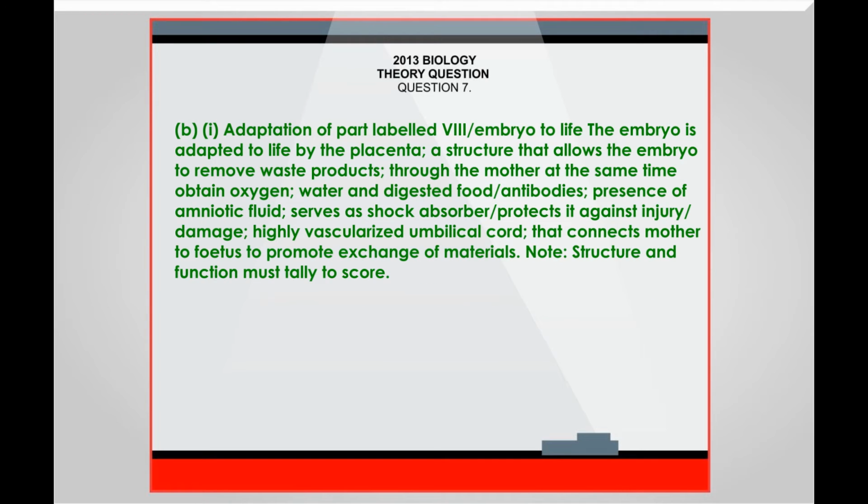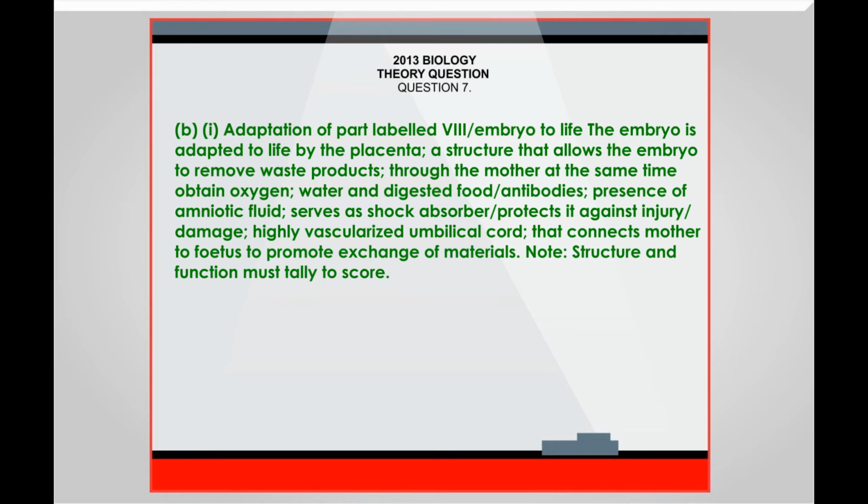7BI. Adaptation of labeled part VIII/embryo to life. The embryo is adapted to life by the placenta, a structure that allows the embryo to remove waste products through the mother, at the same time obtain oxygen, water, and digested food/antibodies.